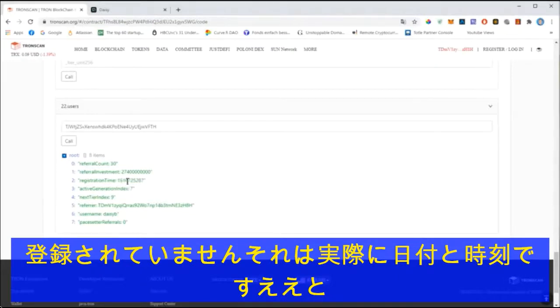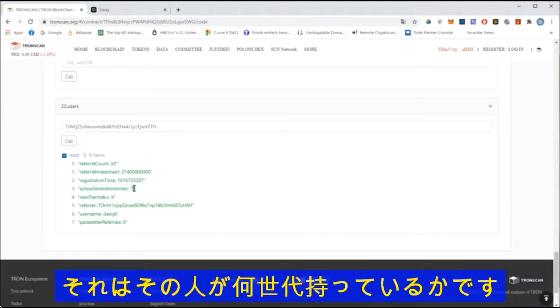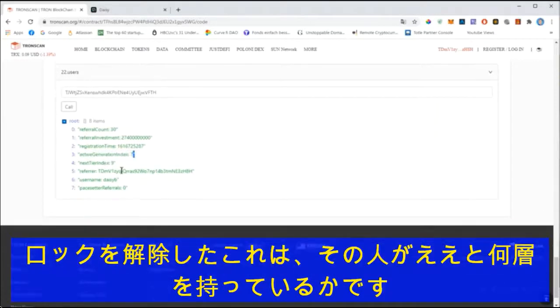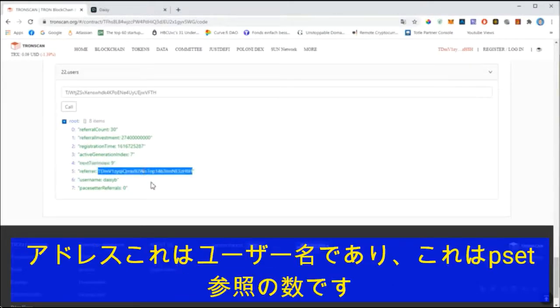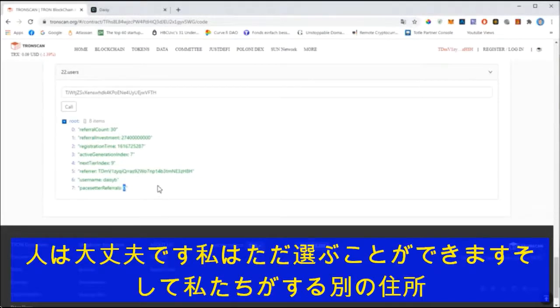No, that's date and time actually. That's how many generations that person has unlocked. This is how many tiers that person has. 9 tiers. And then this is the referrer's address. This is the username, and this is how many paysetter referrals that person has.